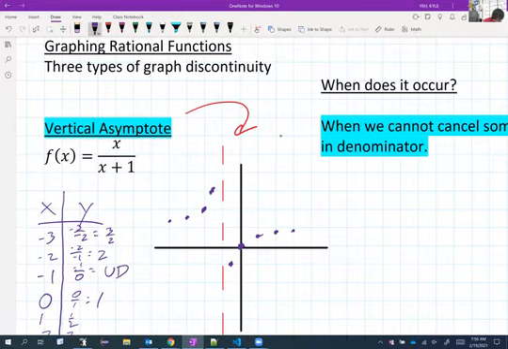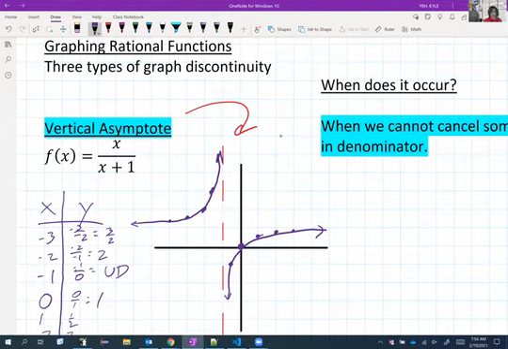But here's what this graph looks like, and here's what a vertical asymptote is. Graph looks something like that. The vertical asymptote is that dotted line going straight up and down through x equals negative 1. And it acts almost like a barrier. You can see, I'm going to pull out a highlighter.